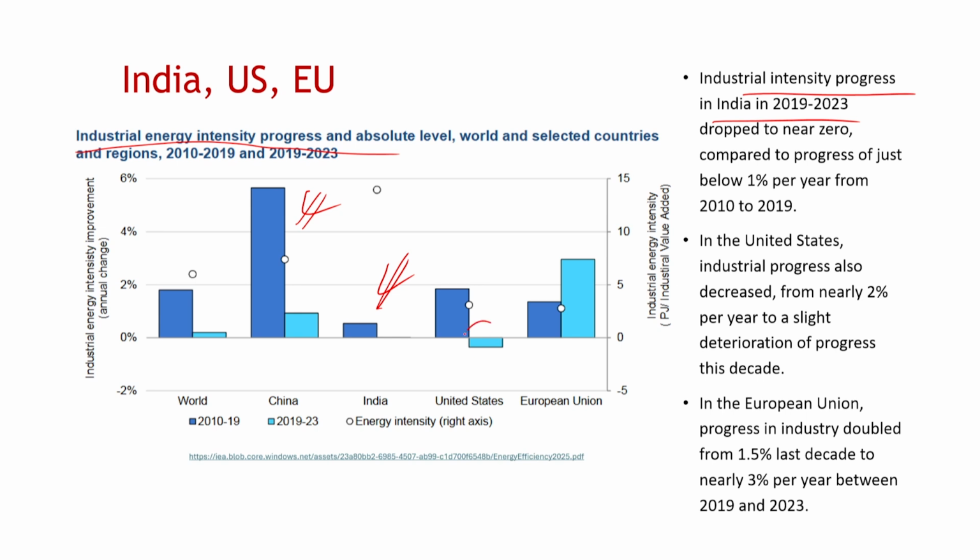The US is an interesting story, where they have gone negative in their energy intensity improvement because they are trying to pull some of the manufacturing back to their own country, so it has gone to the other side. So from a contextual perspective, you need to really understand what is happening in the context when you start comparing some of these numbers.